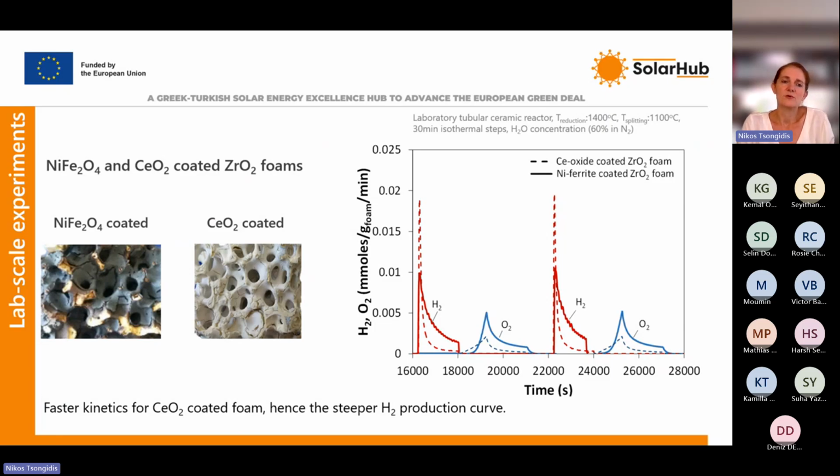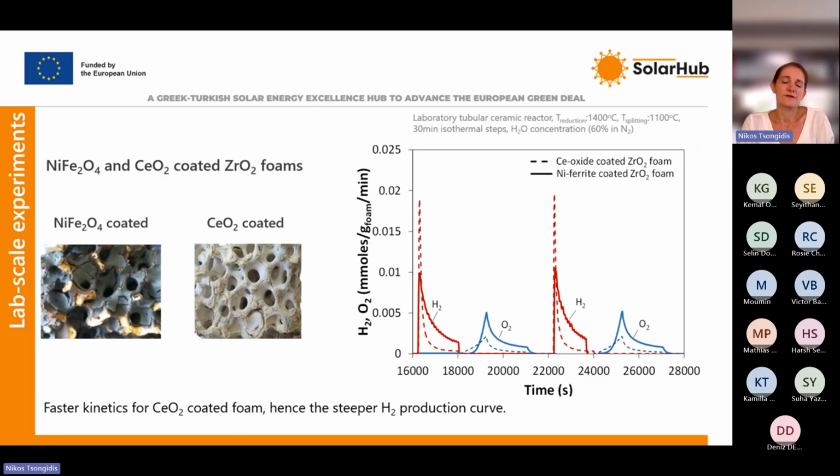You can see here an example of foams that are coated with nickel ferrite or cerium oxide. And on the diagram on your right, there is the production of hydrogen and oxygen during consecutive cycles of water splitting and thermal reduction. As you can see, there is a difference in the profile of hydrogen.